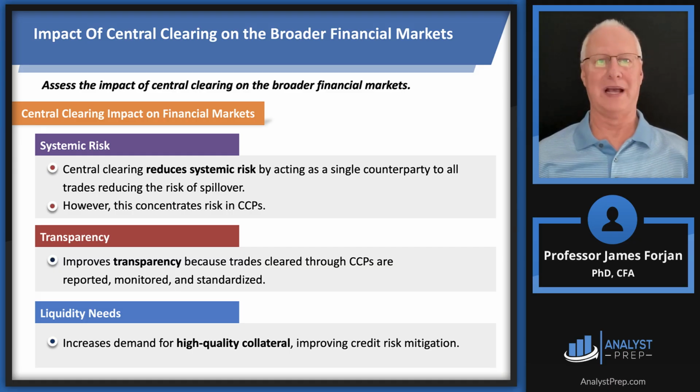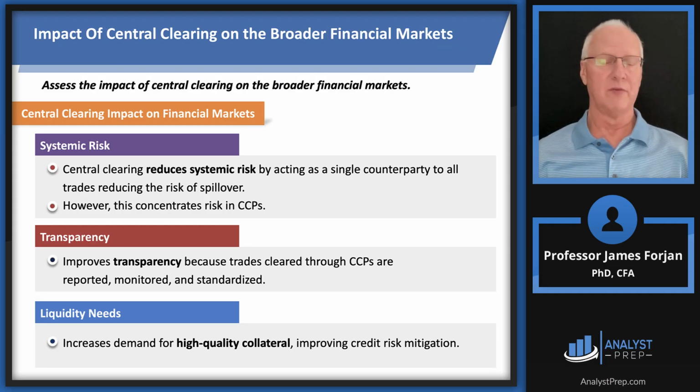All right, let's hit some of these last learning objectives. Impact of central clearing on the broader financial markets. This goes exactly to my reference to Eugene Fama and the efficient markets hypothesis from all the way back in 1970. How does this central clearing help financial markets? Remember, the role of financial markets is really pretty simple.